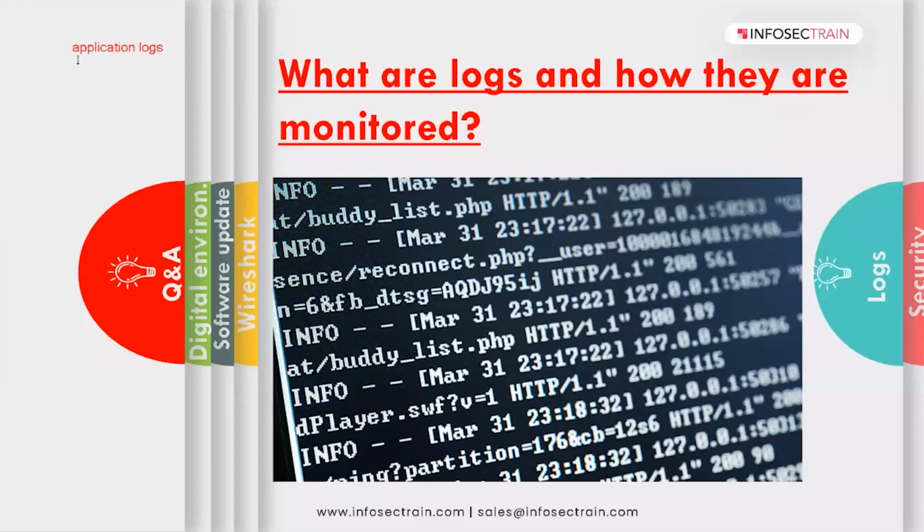Our application logs assist in debugging or optimization of performance, and also help us in identifying the application specific issues.